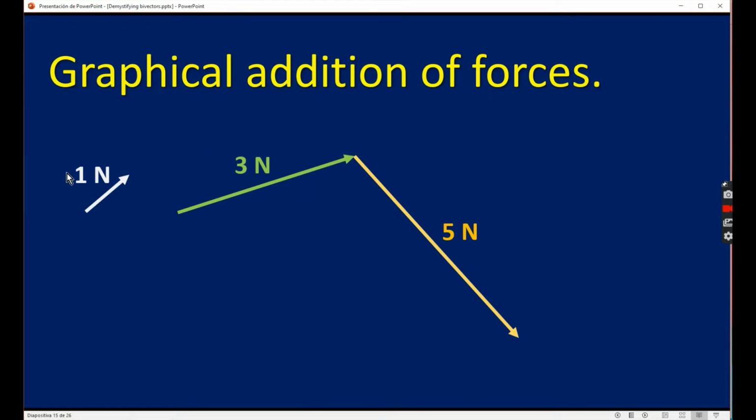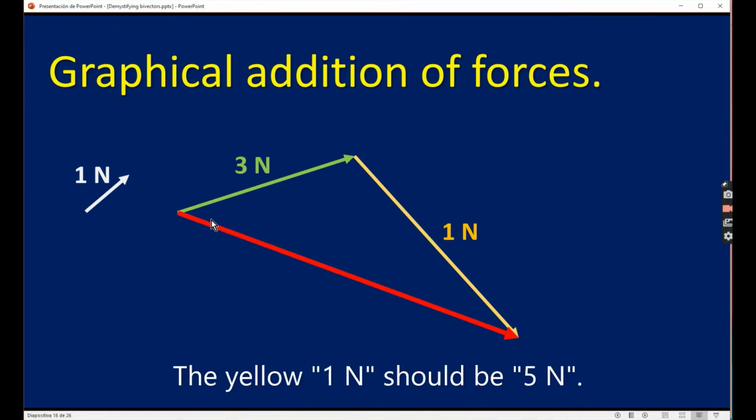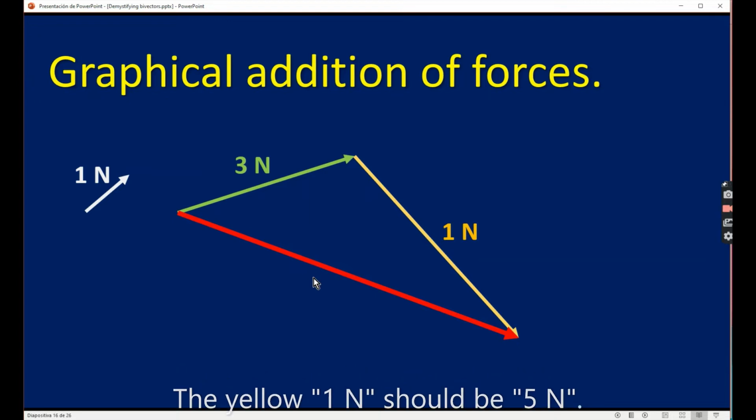So this 3 Newton one is 3 times longer than the 1 Newton, and the 5 Newton is 5 times longer than this. And then we draw the resultant here and figure out its magnitude by scaling it against this, or using this as a unit of measure. This would probably be about 1, 2, maybe 3, 4, 5, 6, maybe up towards 8.